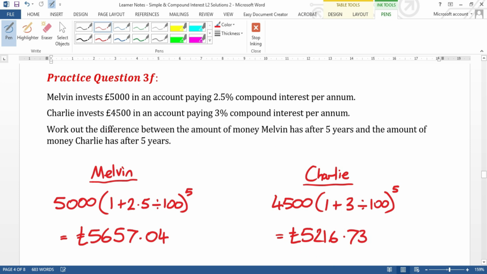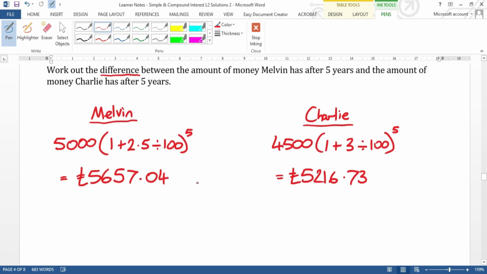So they want the difference. Let me just highlight that bit there between the amount. So obviously difference means you take away these two values.